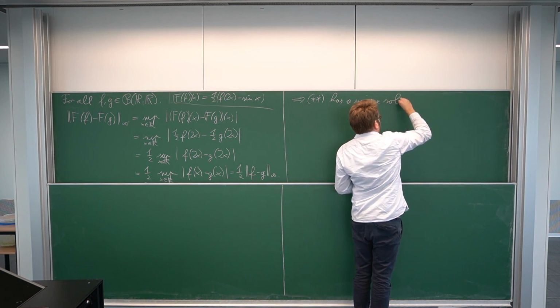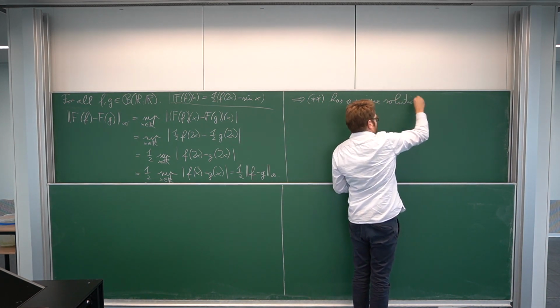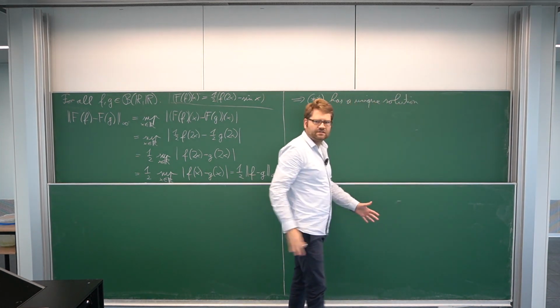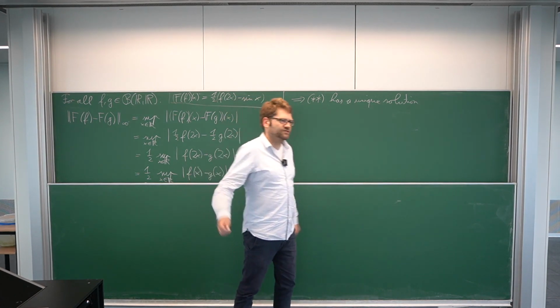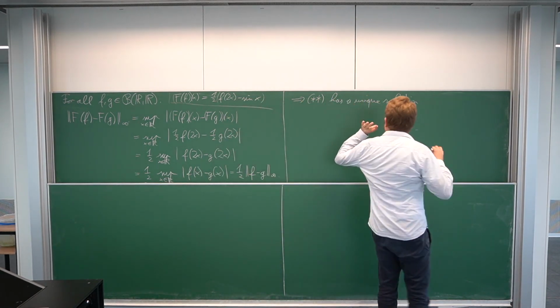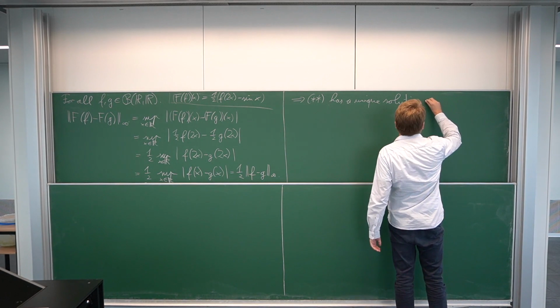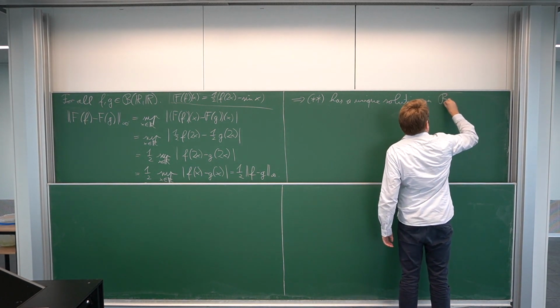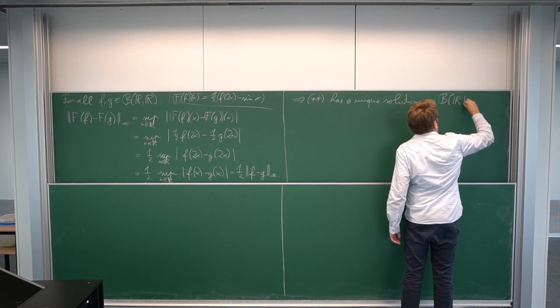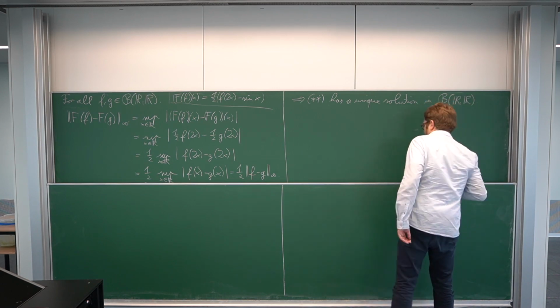So there's a unique bounded function. I mean, this mysterious equation where we had no idea if solutions exist or how many, now we can say there exists a unique solution of this equation, in the space of bounded functions from R to R.